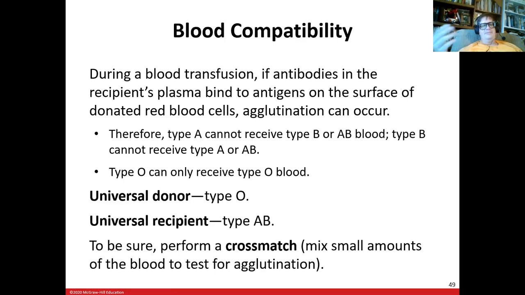It can be given to B because there's no A to attack. It can be given to AB because AB doesn't attack stuff. So O is a universal donor and AB is a universal receiver.